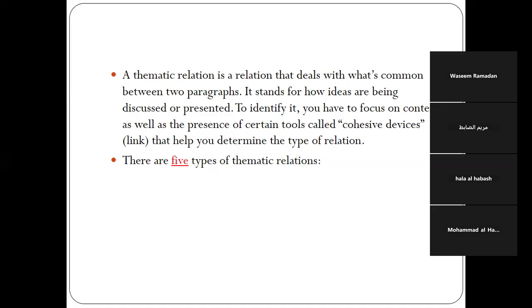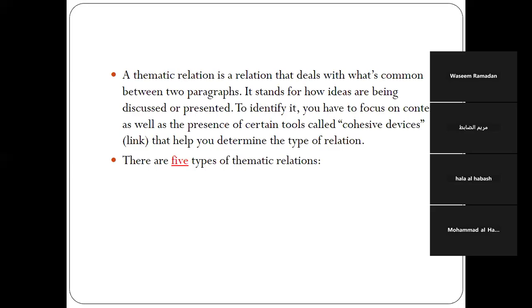So the thematic relation, first of all, is a relation that is strictly related to 2 paragraphs. So I will not ask you what is the thematic relation between more than 2 paragraphs. It doesn't work. So a thematic relation always covers the relation between 2 paragraphs as in the theme, their content, what they talk about. So it stands for how ideas are being discussed.